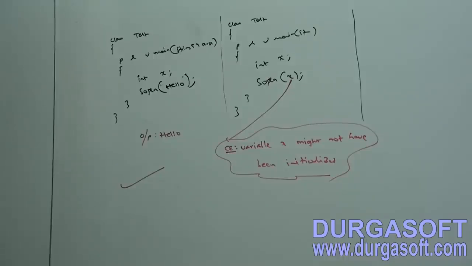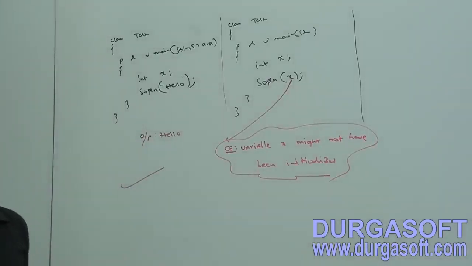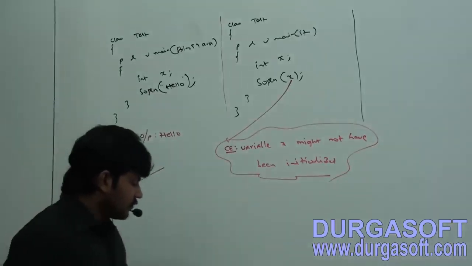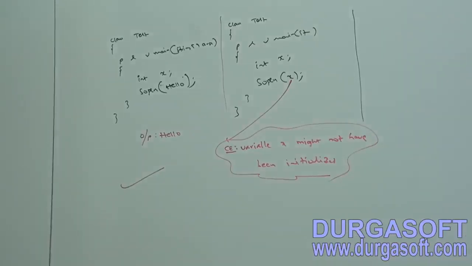Class test, public static void main string array args, int x, SOP of x: here the compiler says variable x might not have been initialized.